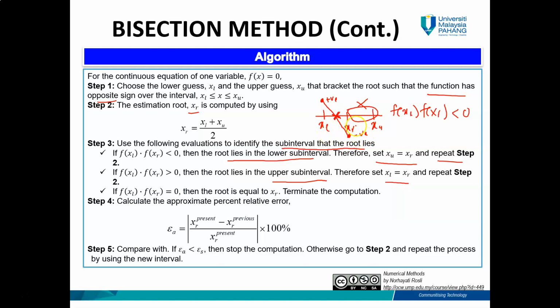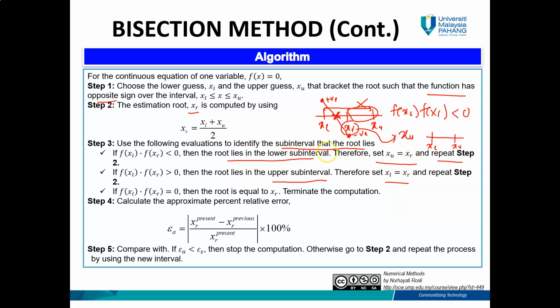So when you want to go to the next iteration, you set xr equal to xu. Now for the next iteration, you will have a much smaller interval instead of the first xl, xu interval. That's why here we set xu equal to xr, then we can proceed to the next iteration.